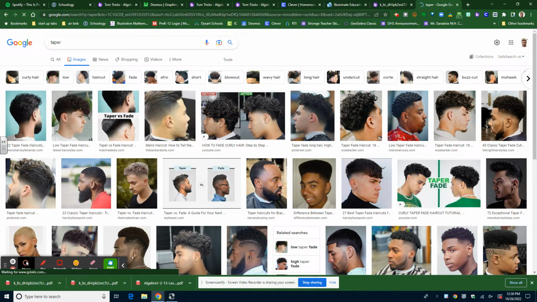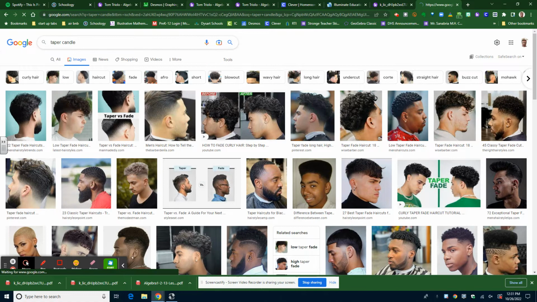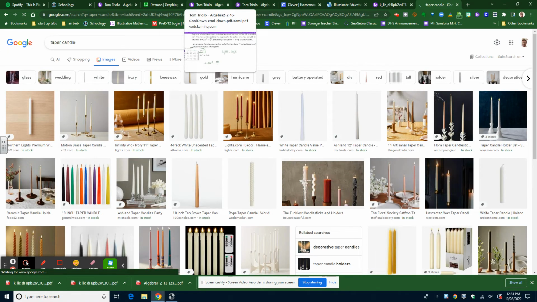Like a fade. Okay, that's what a taper is. So a taper versus a fade. Okay, but if we talk about something like a candle, so a tapered candle, the top part of the candle is actually called a taper, where it gets a little smaller and smaller and smaller until it just gets to the wick. So that's what it means by kind of taper. Okay. All right.